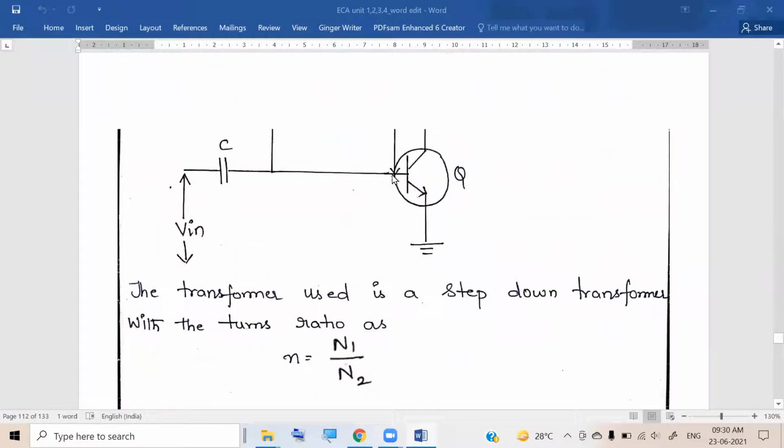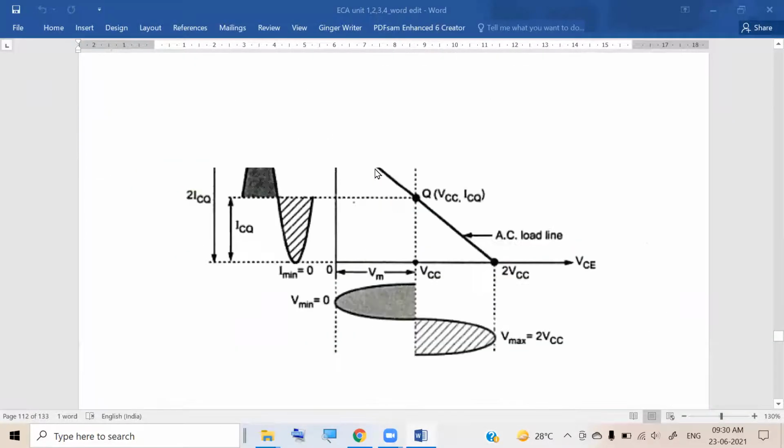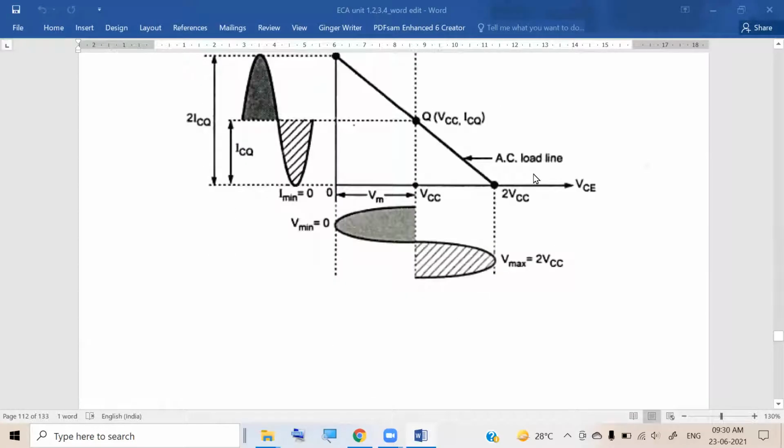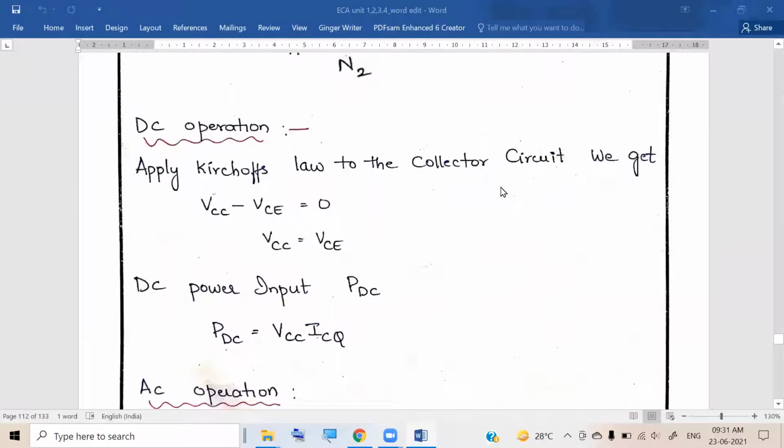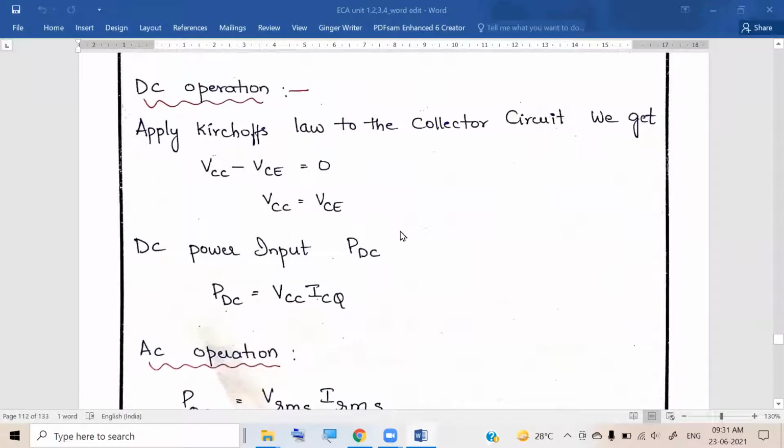Our x-axis is VCE, right? So now what is VCE here from this relation? VCE is simply equal to VCC.